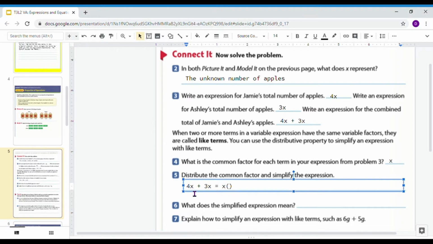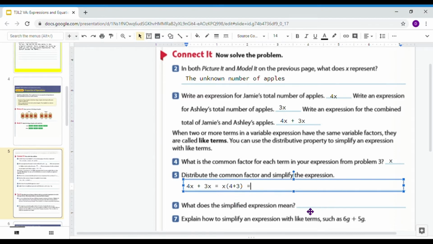So if I were to take the x away, I would multiply 4 plus 3. And so this way, if I were to distribute this, I would have x times 4, which is 4x, and then x times 3, which is 3x. So by actually doing the distributive property, either in my head or on a piece of paper, after I do it, I can check my answer, make sure that I'm on the right track.